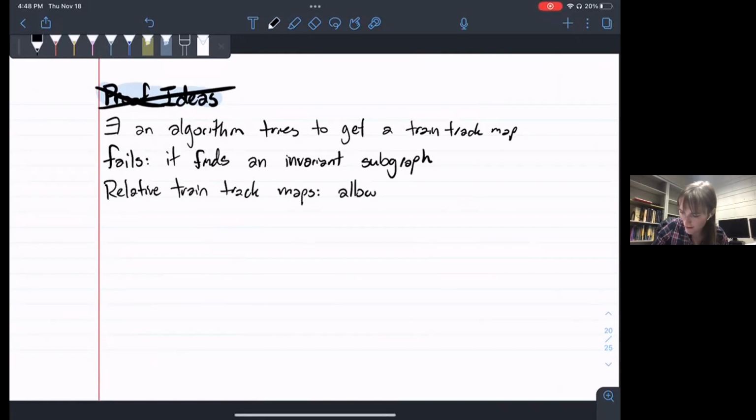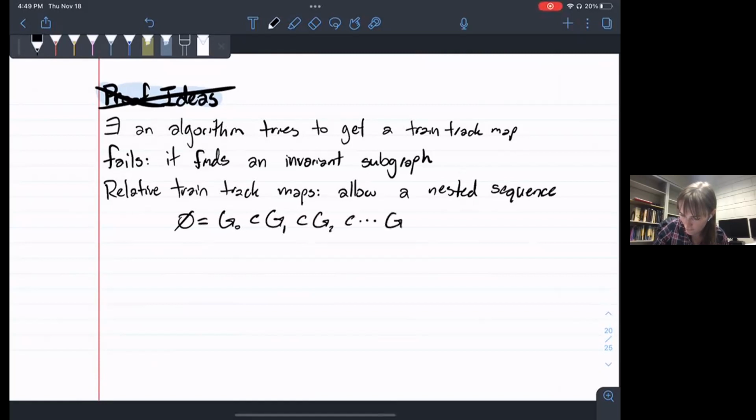The idea is to allow a nested sequence. So I'll start with the empty set. I'll go up to G1, G2, up to Gm, say, equals G, of F-invariant subgraphs.